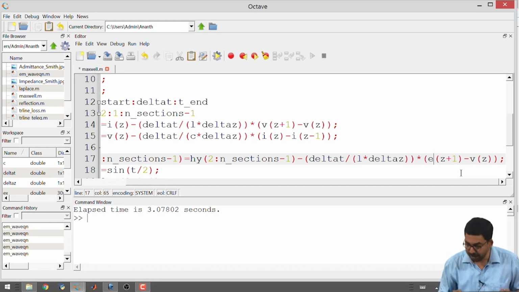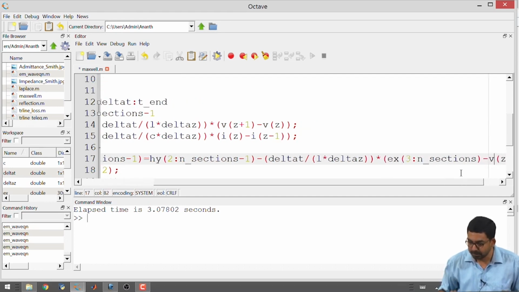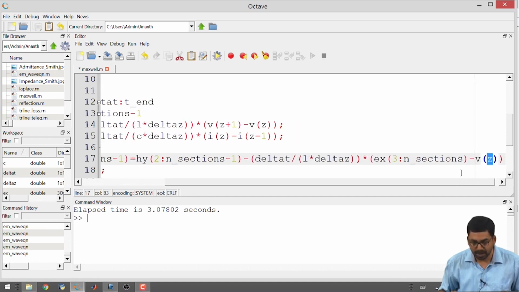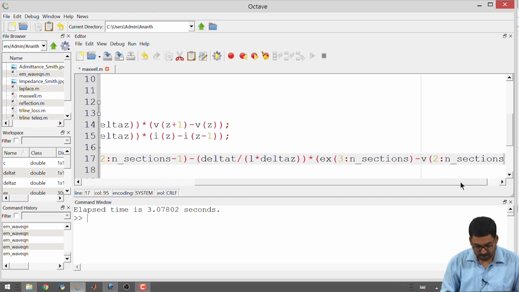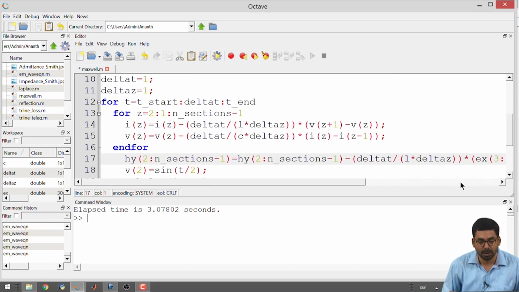So, that becomes Ex, z plus 1 becomes 3 colon n underscore sections, and z is 2 colon. Okay, we are just replacing z, z plus 1, z minus 1, etc., with the definitions from the for loop directly. Okay, so the goal is to just get rid of this for loop.